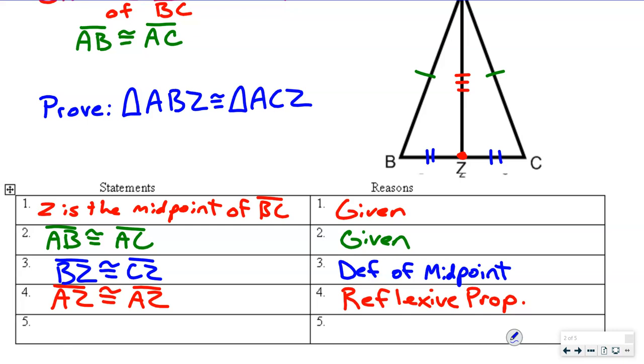So that's what we need to prove, so we can write that down in our statement. Triangle ABZ congruent to triangle ACZ, because, and we use the side postulate. 3 sides congruent of those two triangles.